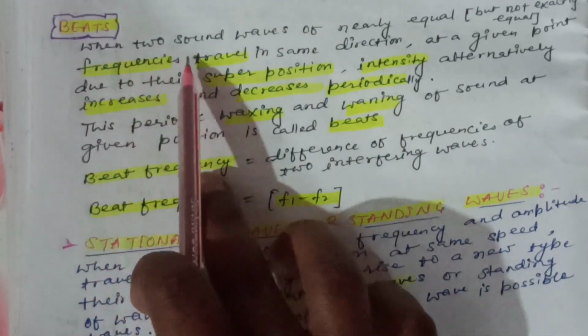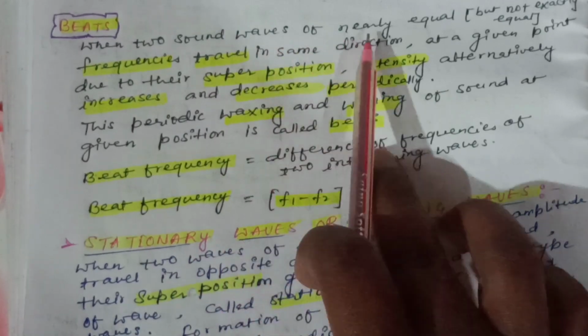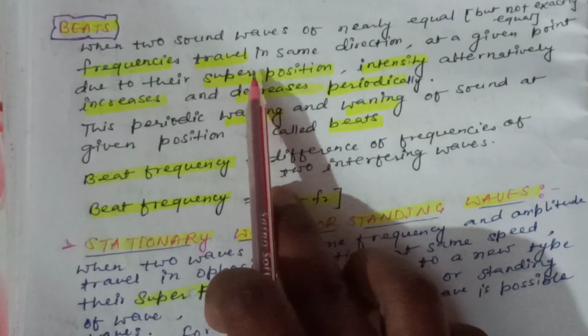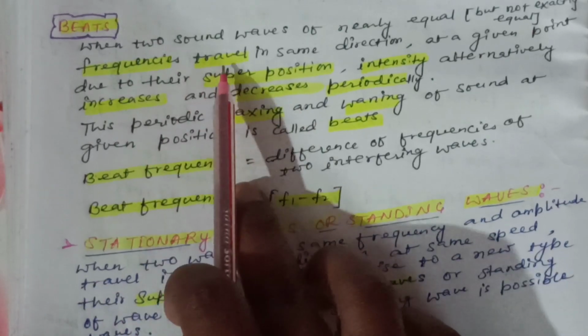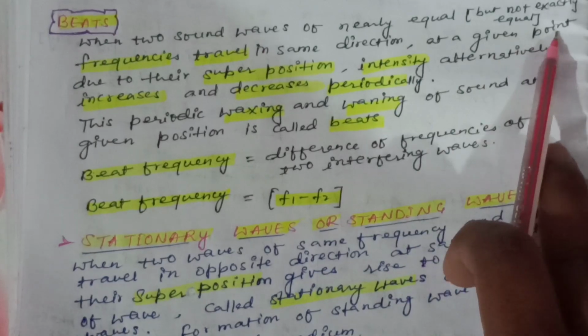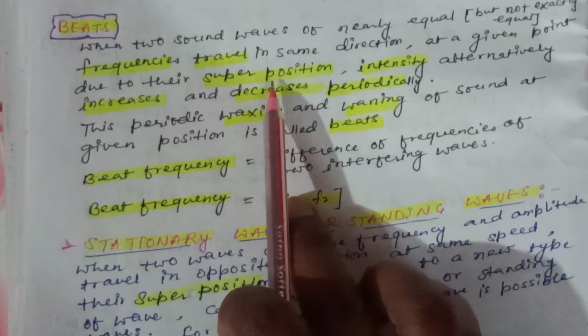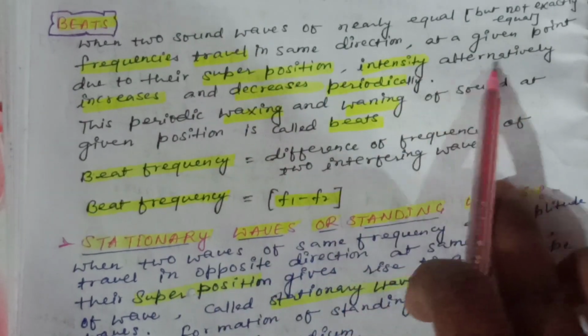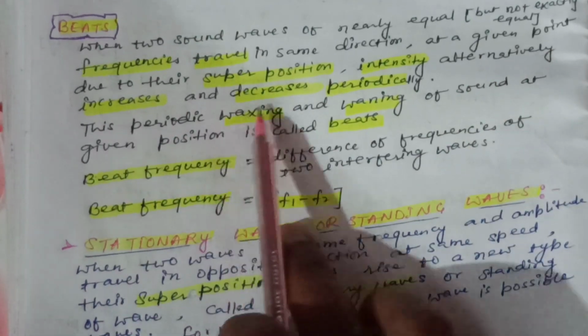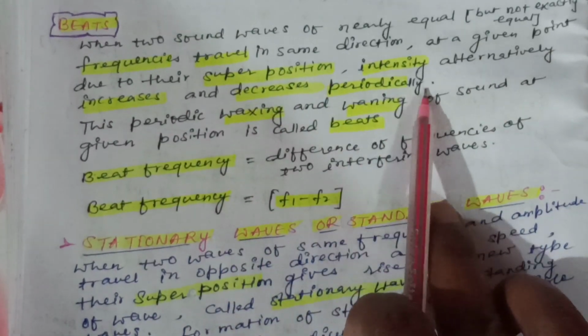Beats. When two sound waves of nearly equal but not exactly equal frequencies travel in the same direction, at a given point, due to their superposition, the intensity alternately increases and decreases periodically.